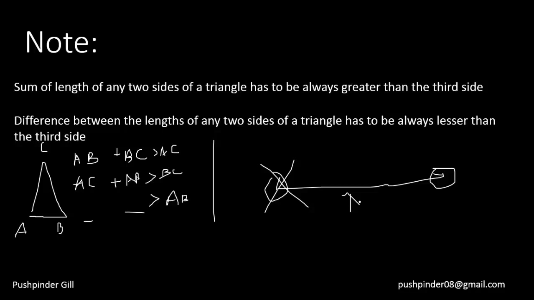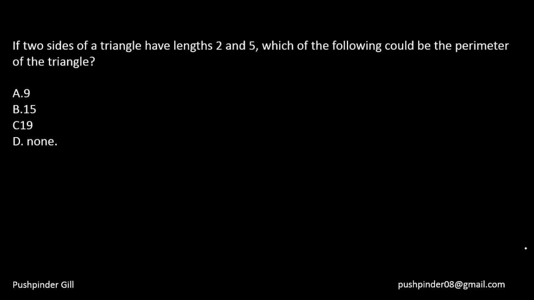So whenever you get a question, how many possible triangles can I make out of them, you better make sure that you're using this property, that the sum of two sides is always greater than the third side. Similarly, if you pick up this question, which is taken from the GMAT prep, it says that if two sides of the triangle have length 2 and 5, which of the following could be the perimeter of the triangle?